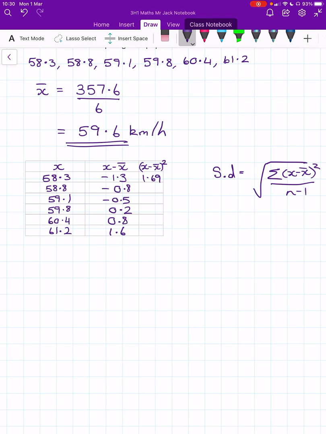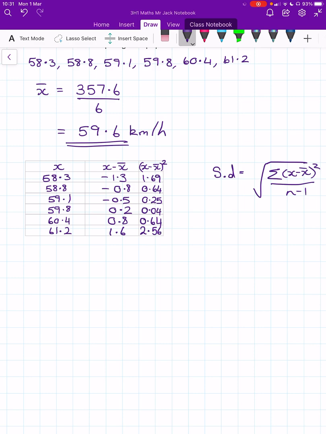And then negative 0.8 times negative 0.8 is 0.64. This one will be 0.25. Then you have 0.2 times 0.2, which will give you 0.04. And then 0.8 times 0.8, which will give you 0.64. And then 1.6 times 1.6, which will give you 2.56.